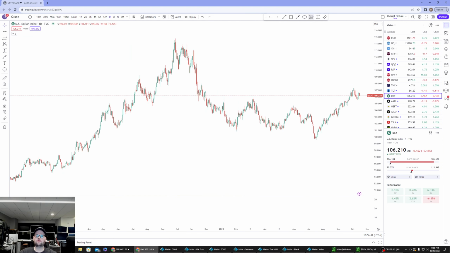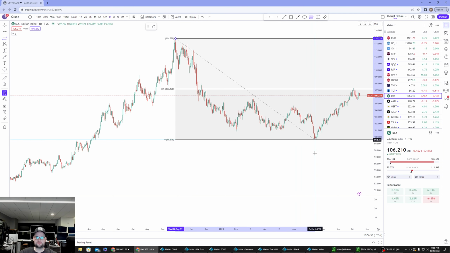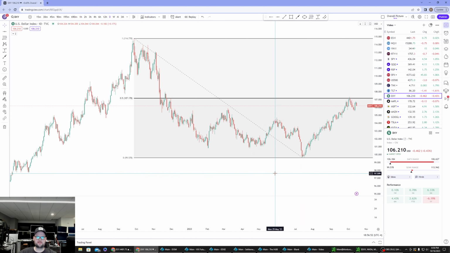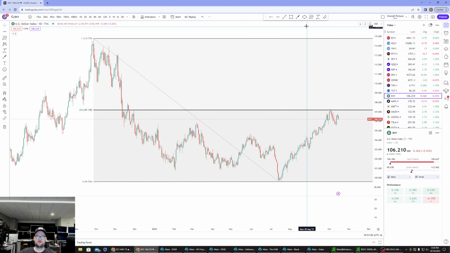We use a Fibonacci. We go from the 2022 highs to the recent lows, and you'll see that the market went right up to that 50% retracement level. There's no coincidence that the market failed exactly where it did. Going forward, that's going to be a very, very key area.